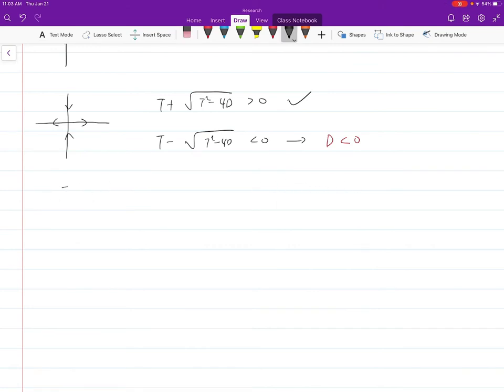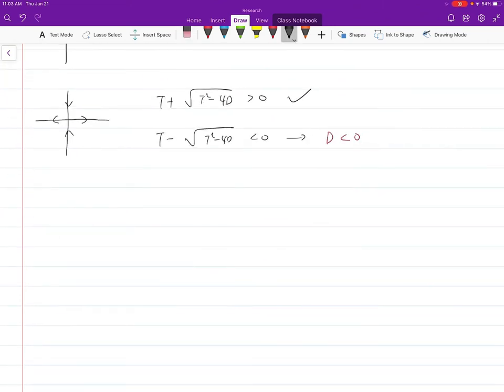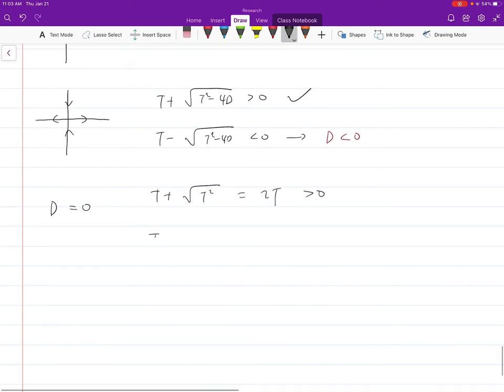And then, of course, we wonder what's going to happen if d equals 0, because I do have the d bigger than 0 and d less than 0 cases. Let's see. If d equals 0, we have t plus, which is positive.